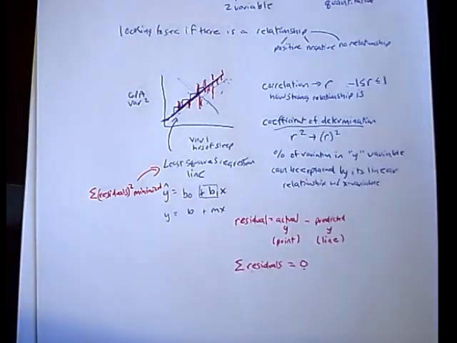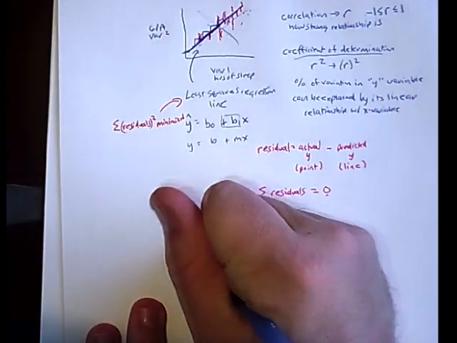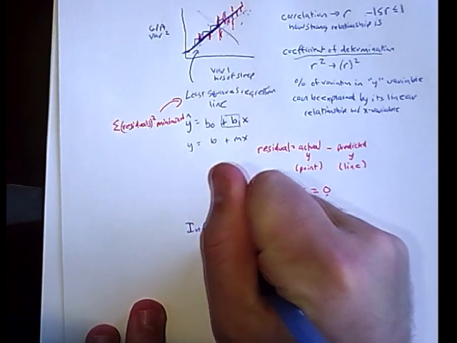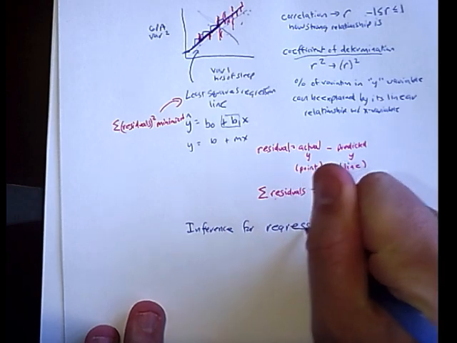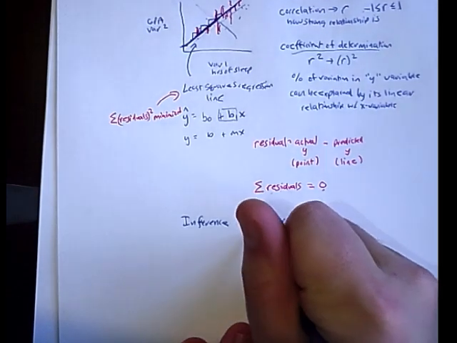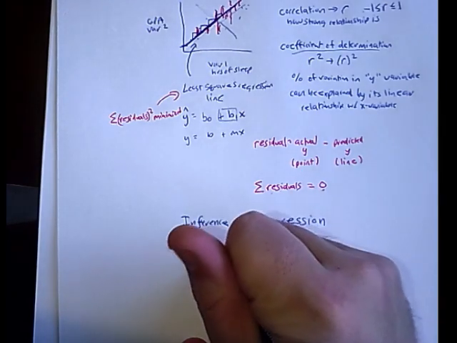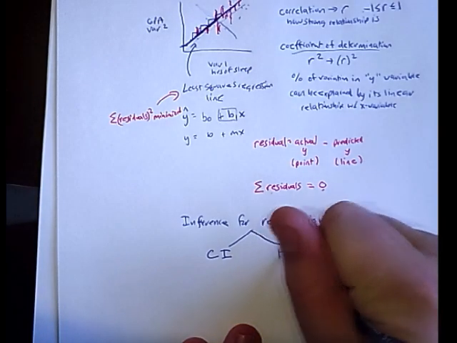So just like any type of inference, now we're going to have inference for regression. And just like when we had inference for means and inference for proportions, we can do two things here. We can take a confidence interval, or we can do a hypothesis test.